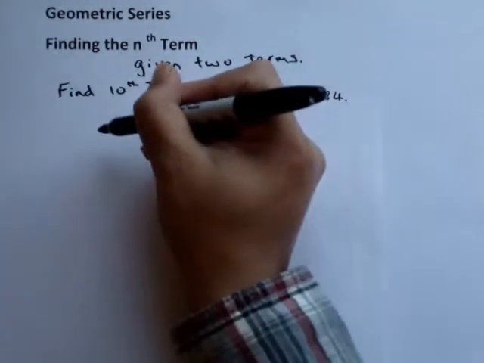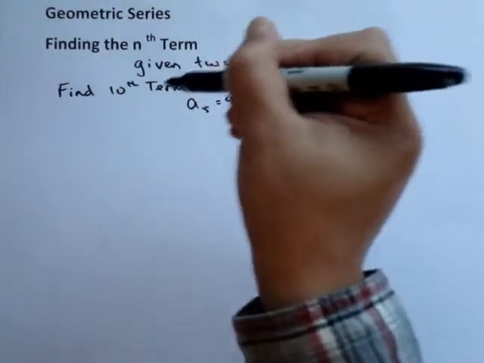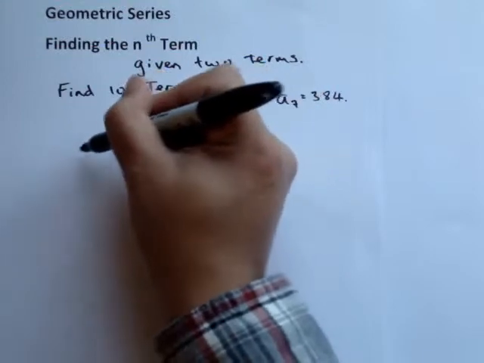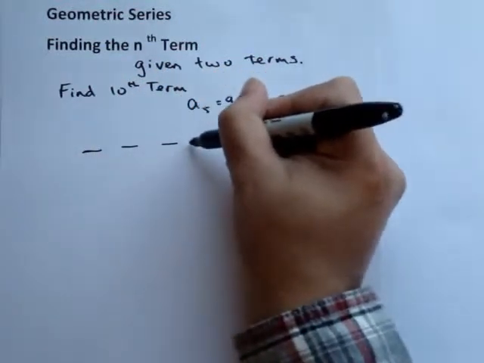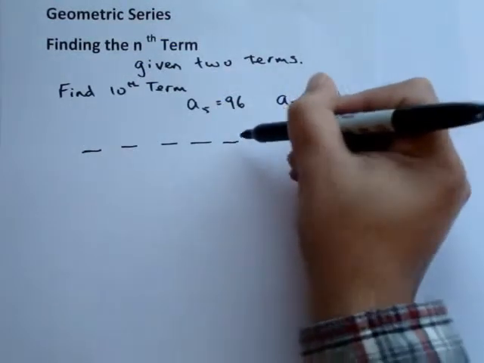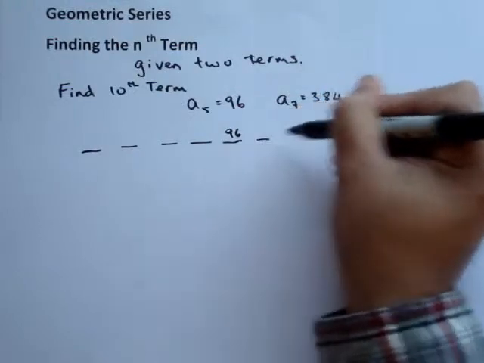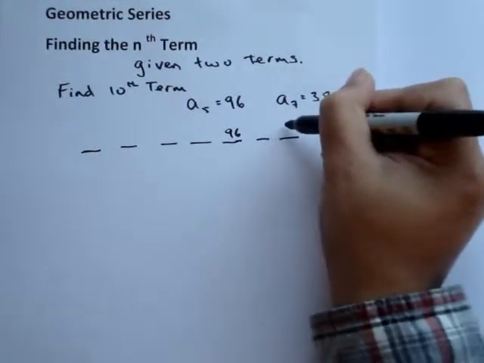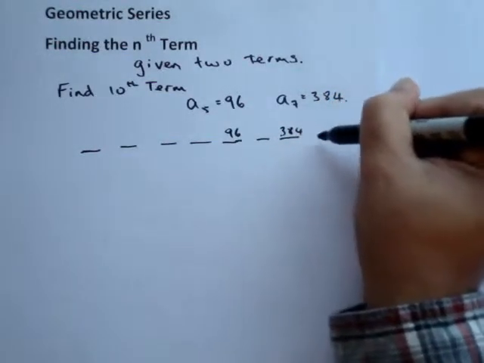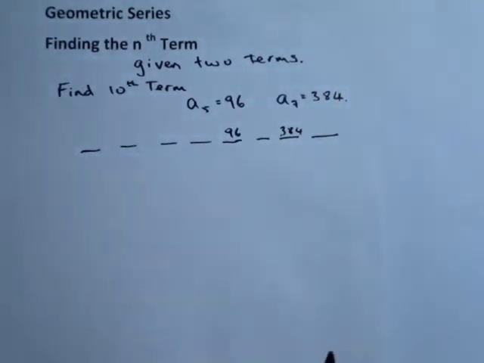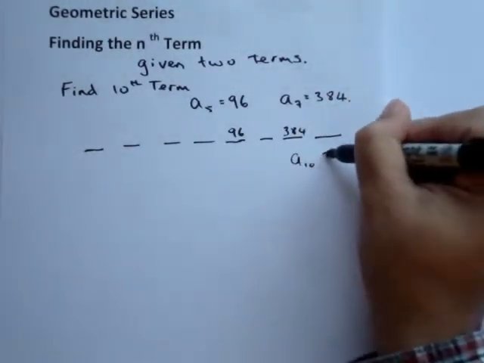So basically what that means is we've got a sequence, a series, so we've got 1, 2, 3, 4, 5. Our fifth one, a sub 5, is 96, then we've got a space, then our seventh one is 384, and then some other numbers. And we want to find a sub 10.